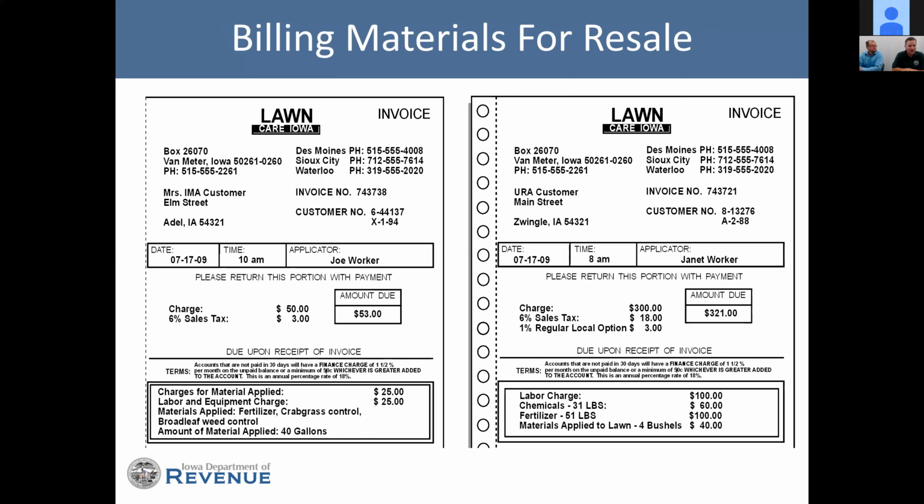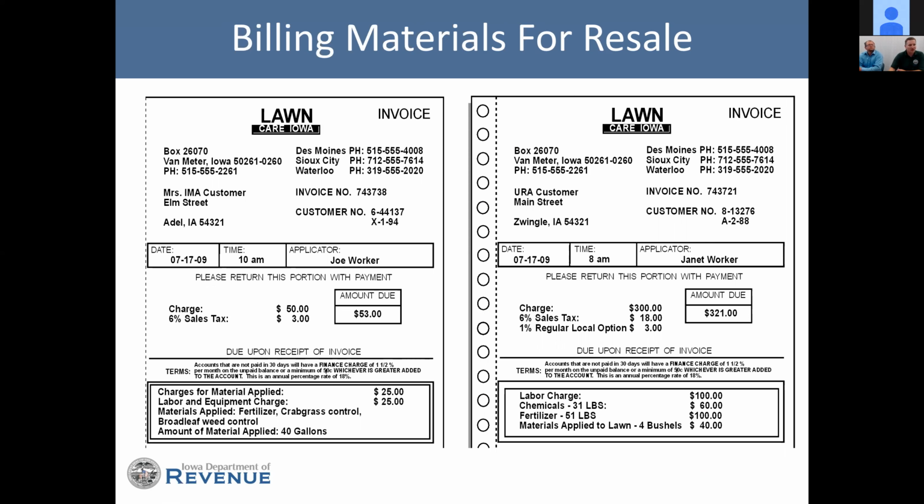They've got quantities, they've got amounts that are spelled out. This is just a simple invoice, just for an example. In these situations, the materials can be purchased tax exempt for resale. Like I say, the object is, you're going to collect tax from the customer when you bill the customer.